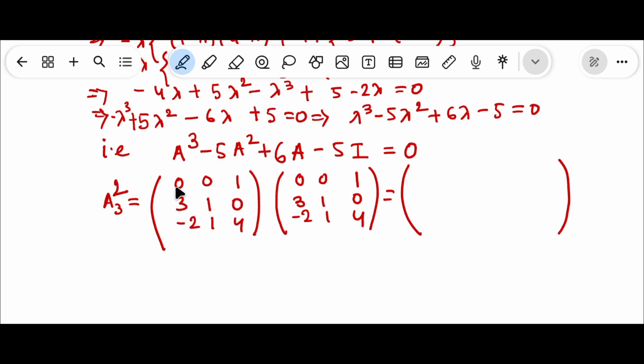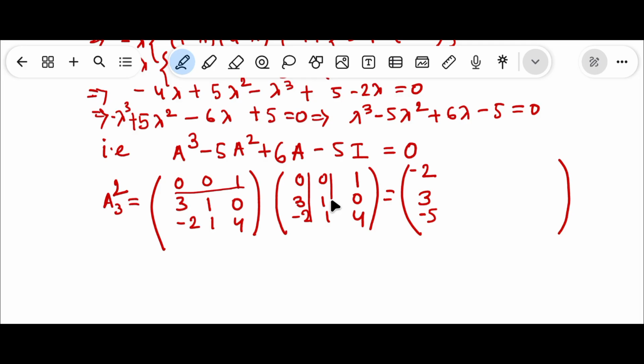Now if I multiply this row with column, then it is 0 into 0, that is 0, 0 into 3, that is 0, 1 into -2, that is -2. Then 3 into 0 is 0, 3 into 1 is 3, 0 into something is 0, therefore 3. Now multiplying with this, -2 into 0 is 0, 3 into 1 is 3, and 4 into -2 is -8, so 3 - 8 is -5.